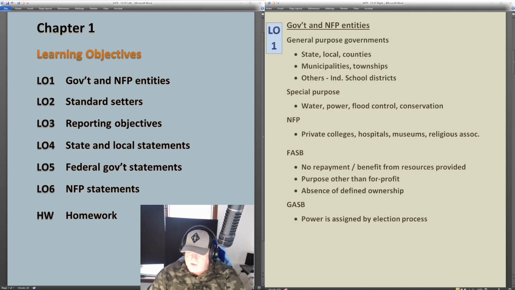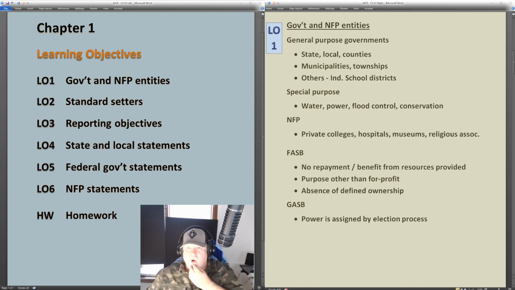Those could be things like independent school districts, or some special purpose like flood control, irrigation, conservation, those sorts of things. Looking at the numbers, there are only 50 state governments, hopefully there's not more of those, but there are over 90,000 local governments: over 3,000 counties, almost 20,000 municipalities, and 16,000 plus townships, which seems like a lot to me.